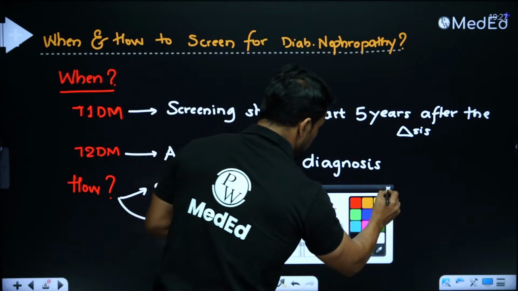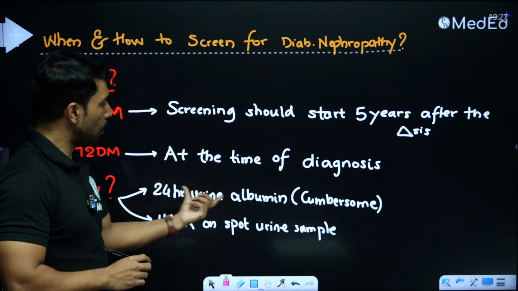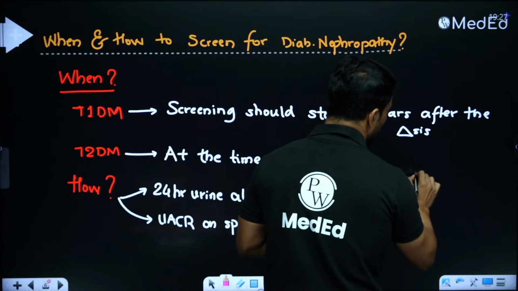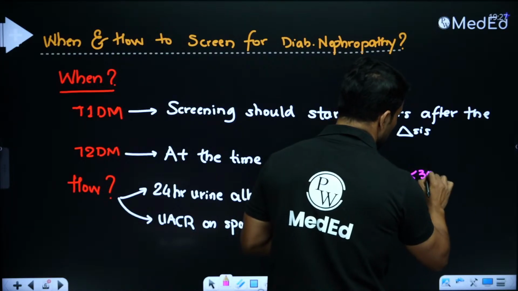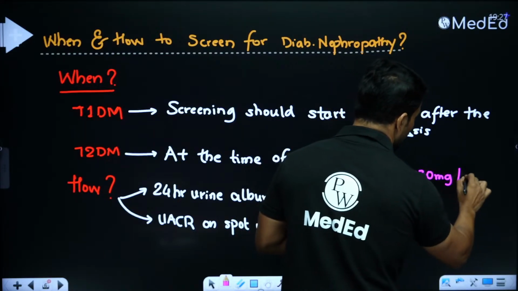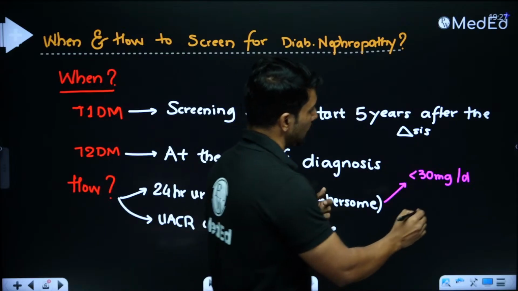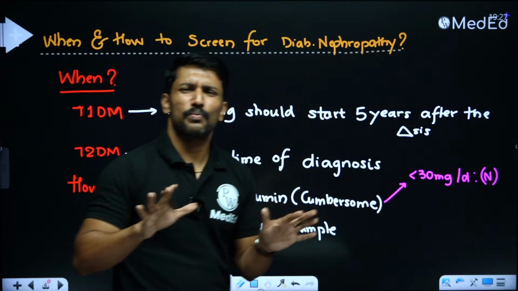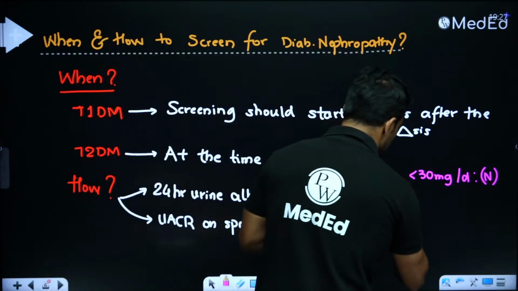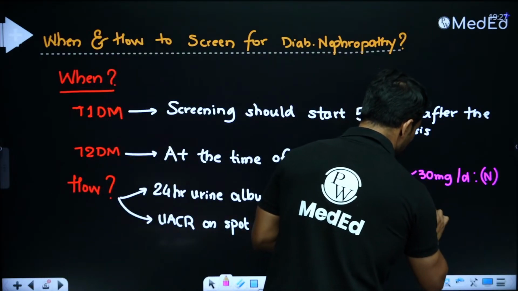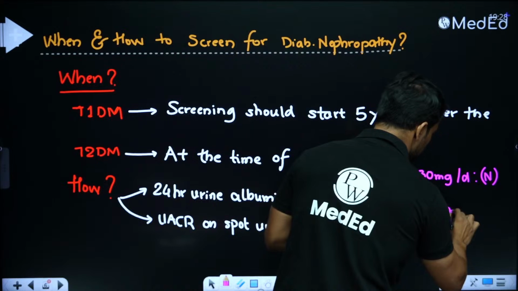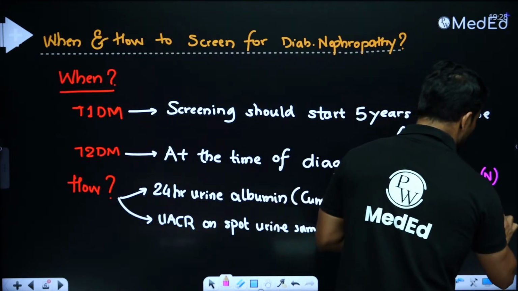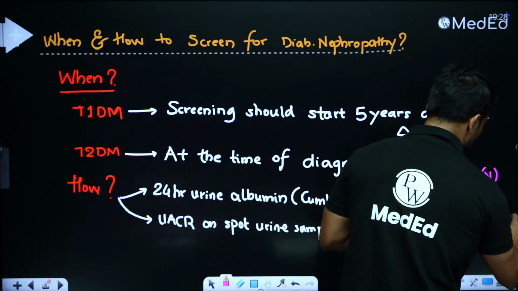Now if I am following the 24-hour urine albumin, then if the 24-hour urine albumin is less than 30 milligrams per day, means 24 hours, right? Then we will count it as normal. We would say that there is no major albumin loss. But if it is 30 to 300 milligrams per day, we will call it microalbuminuria.